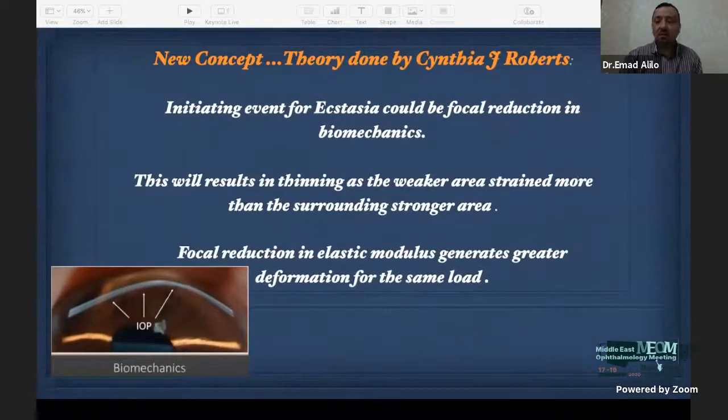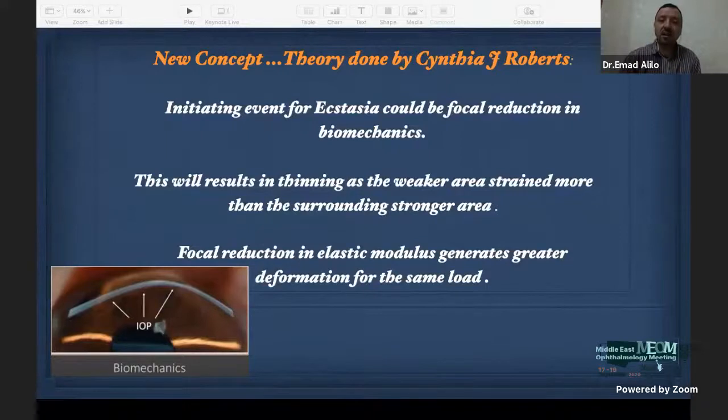It started with a new concept introduced by Cynthia Roberts, in a paper she published, that the cornea is not a piece of paper or plastic. That theory assumed that an event initiating ectasia could be a focal reduction in the elastic biomechanics of the cornea.